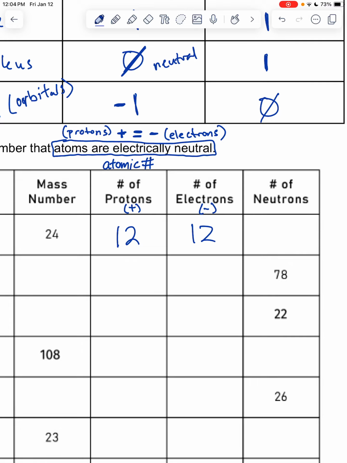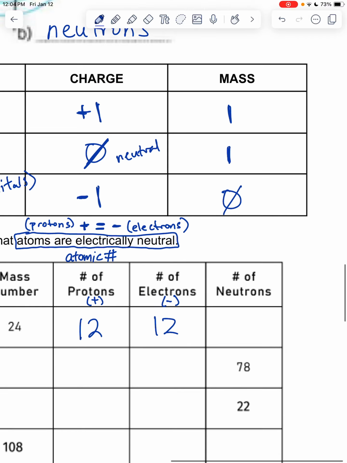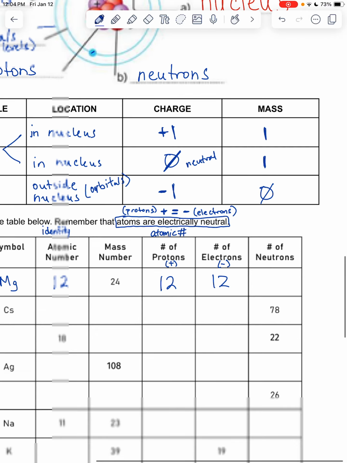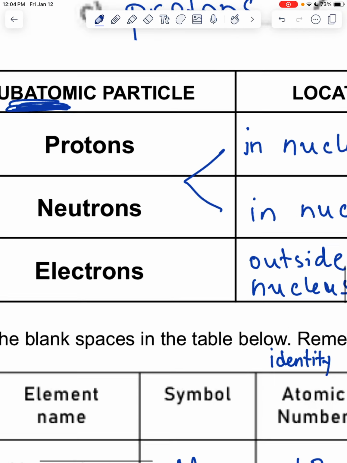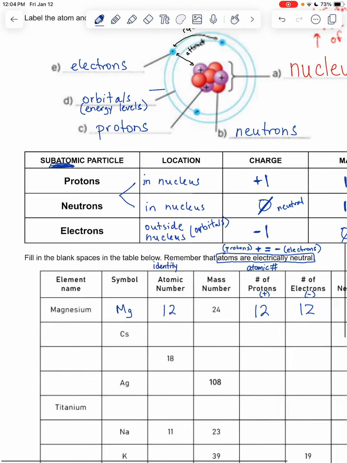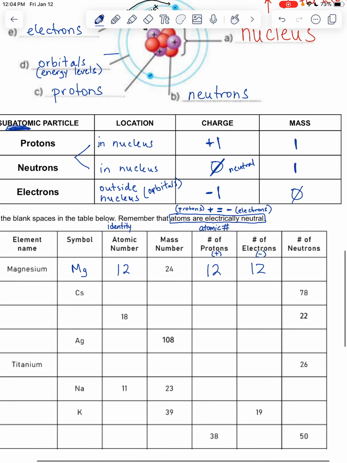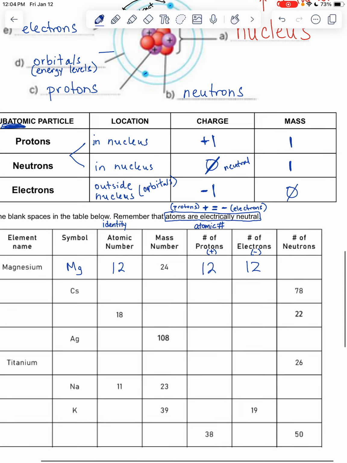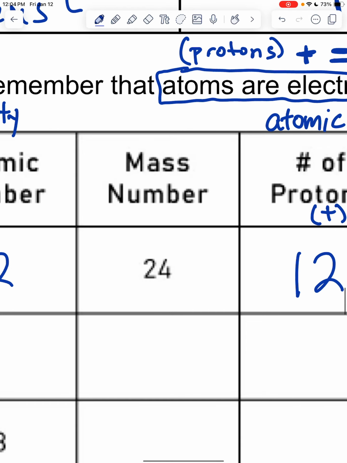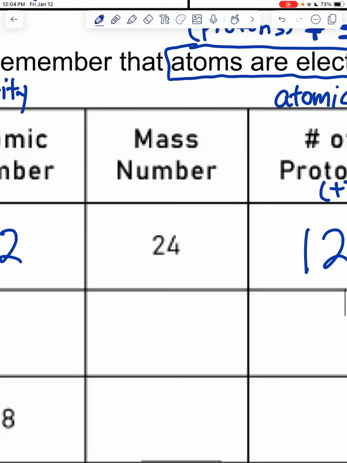The neutrons. We said that the mass is made up of what's in the nucleus, which is the protons and the neutrons. So those two add up together. Now, I give you the mass here, which is 24. And I know that that's based off of the protons plus the neutrons. Let me move that over a little bit so it's a little bit nicer. And then, there we go.